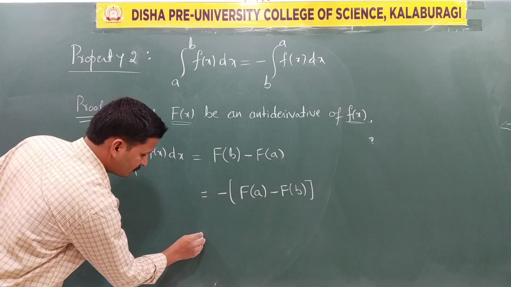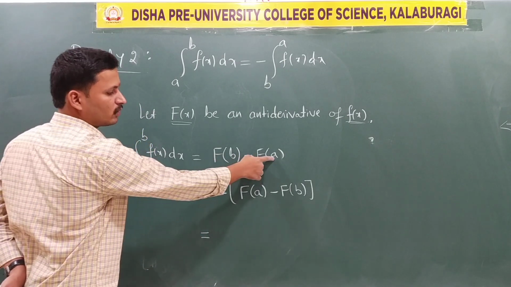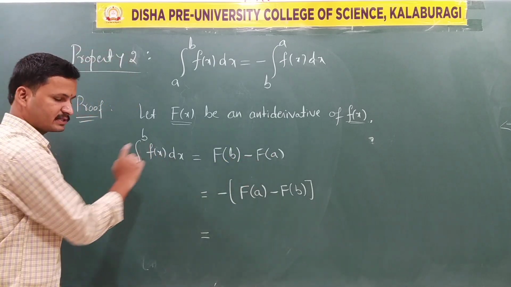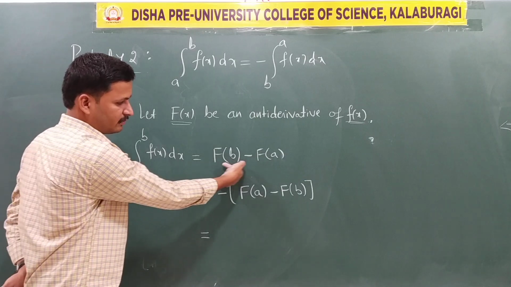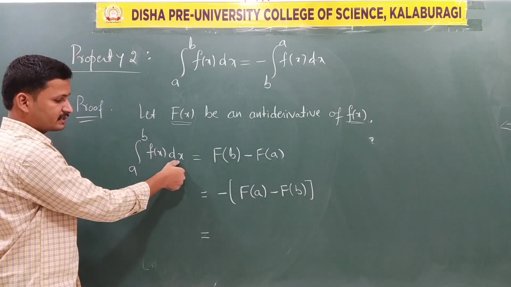Here the upper limit is b and the lower limit is a, so F of b minus F of a can be written as integration from a to b f of x into dx.